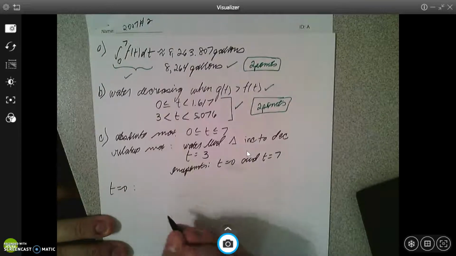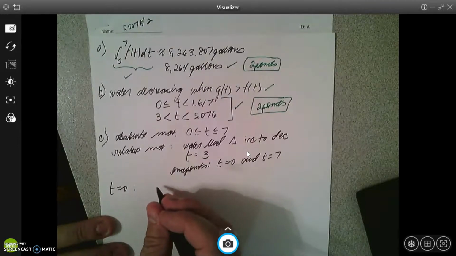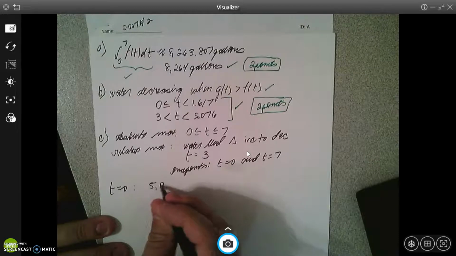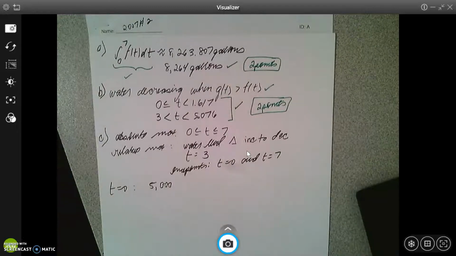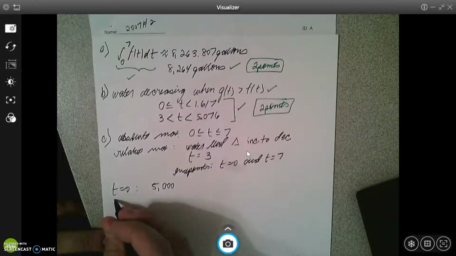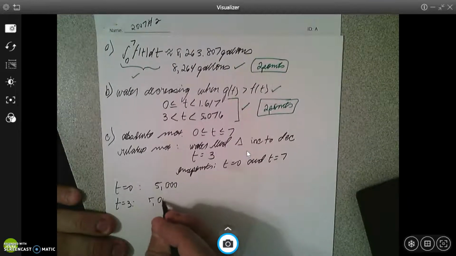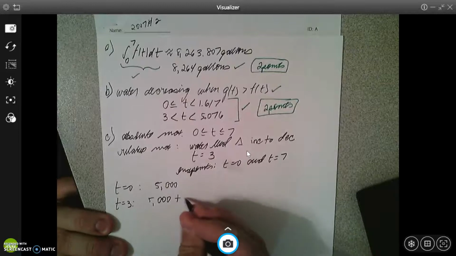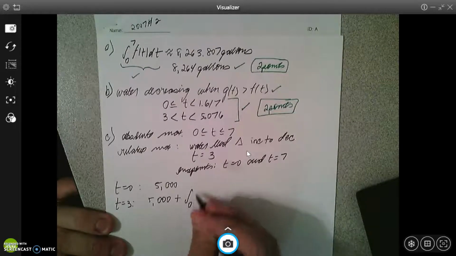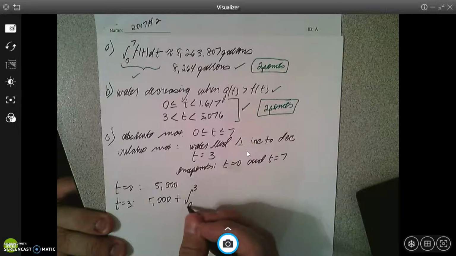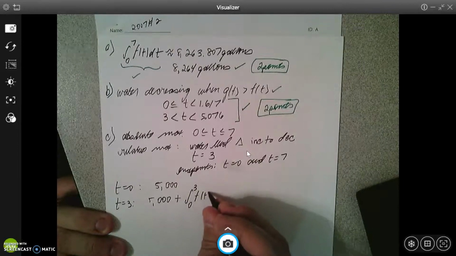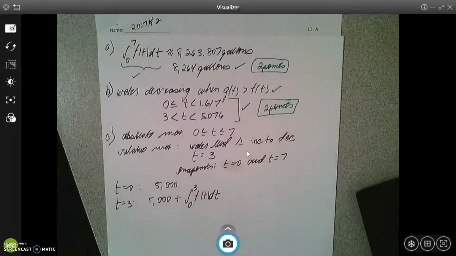At time t equals 0, the amount of water in the tank we were told is 5,000 gallons. That was our initial condition. Well, at time t equals 3, how much do we have? We have the 5,000 gallons plus however much we added during that time interval 0 to 3. That's the integral of f of t dt.